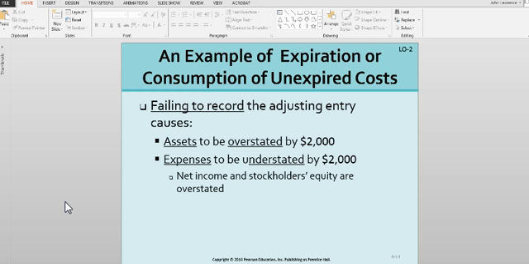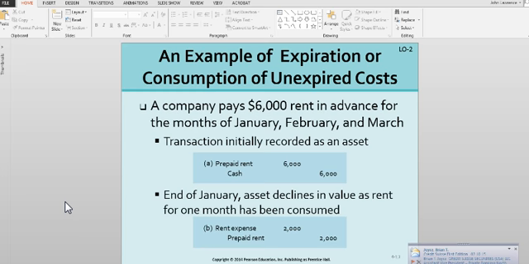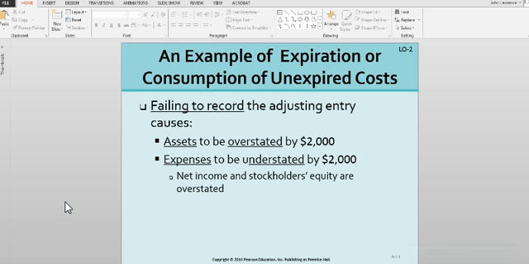If you didn't properly record that entry at the end of January, the rent expense for $2,000 and the reduction of prepaid rent for $2,000, your assets, your prepaid rent account, would be overstated by $2,000, and expenses, your rent expense account, would be understated by $2,000.